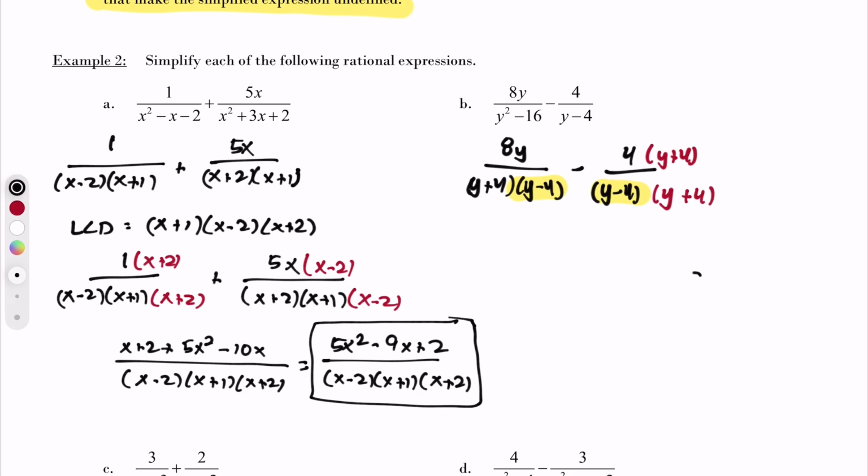So I'm going to have a new answer, essentially. My simplified answer will have (y plus 4)(y minus 4) in the bottom. Isn't that just y squared minus 16? I'll do that in the next step. And then 8y minus 4 times y plus 4, which is 4y minus 16. Here we go. So now I'm actually not going to multiply the bottoms together.